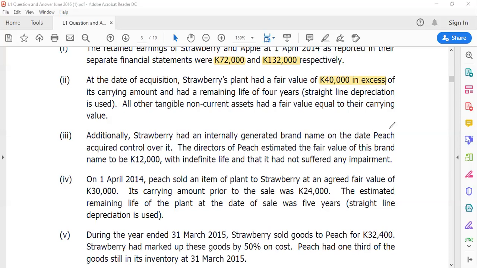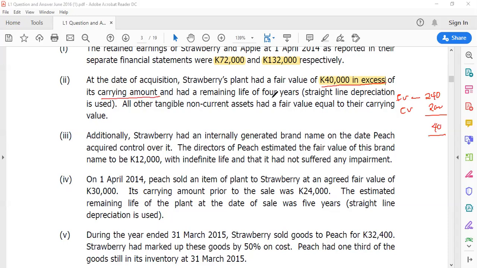A good example: if the fair value was 240, that means the carrying value is equal to 200, such that when you take the difference, you have a gain of 40. That's what they are telling you. At the time of acquisition, the plant had a fair value of 40,000 in excess of its carrying amount. The carrying value was lower by 40.